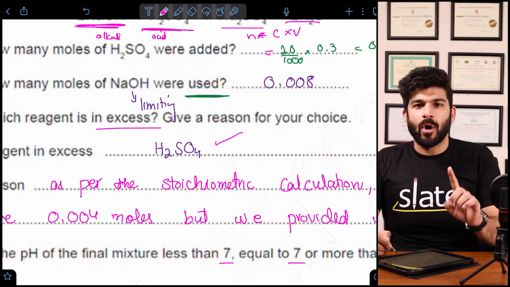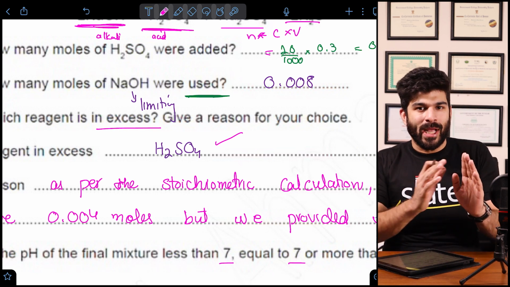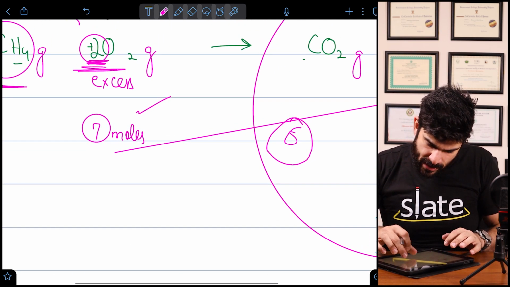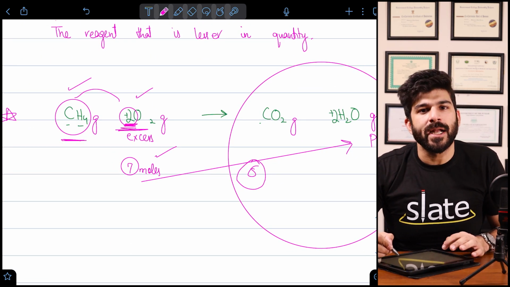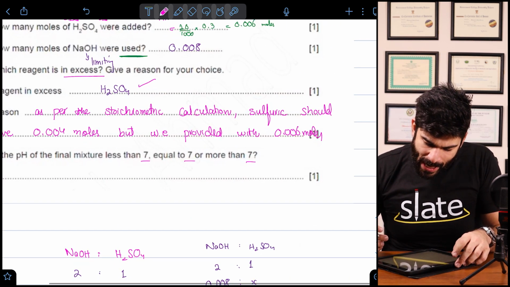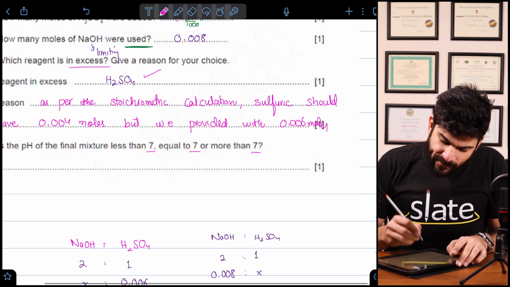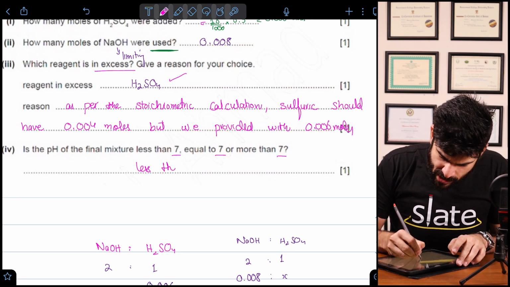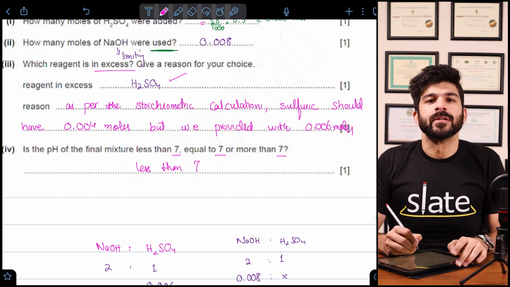So if the acid is in excess, then at the end, as I told you there, the excess reagent moves to the product side because it's not being used. So your product has some acid in it. So if there is acid present on the product side, the pH is less than 7.